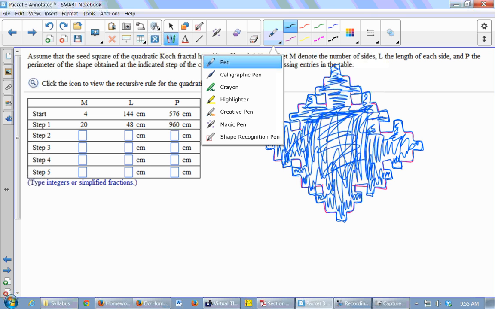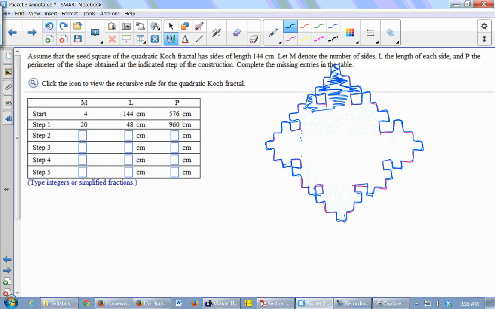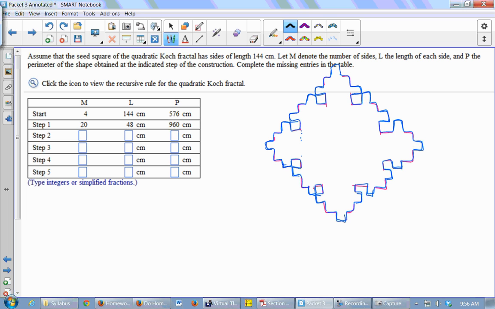Yeah, I could just hit undo and redo it. I have an idea. No, that's not what I want. All right, those are the ones that aren't part of the shape.